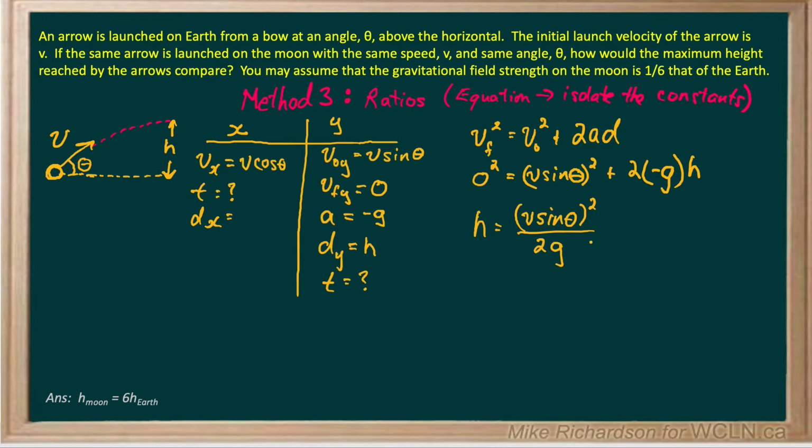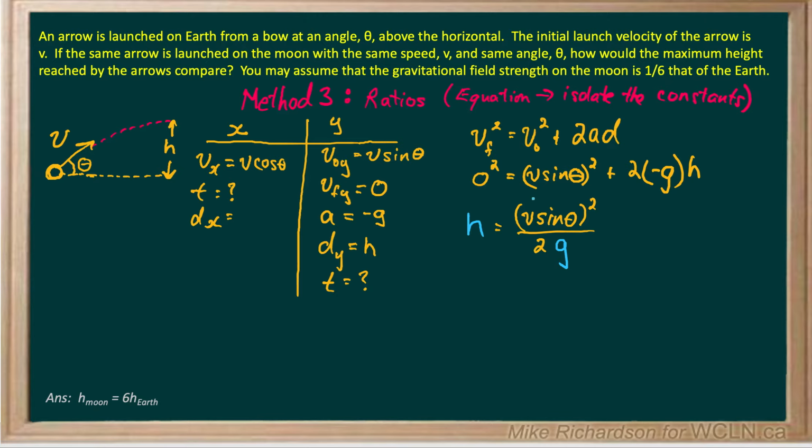Now, constants, what's the same on the Earth and on the moon? Well, we said the launch speed was the same, so v is the same, the angle's the same, so obviously 2 is a constant. So I'm going to put the things that change in blue. So the height the arrow will travel will change, and gravity, of course, changes on Earth compared to the moon.